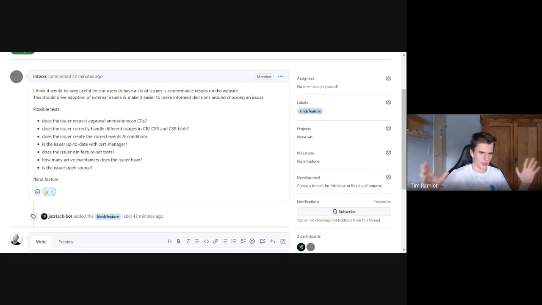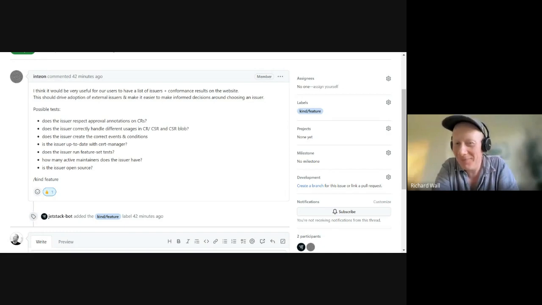So that's the whole concept of conformance tests and what we would like to achieve with that. And we'd like to see how people think about that. I think it's a really good idea, but we discussed it yesterday. I don't know whether we'll have time to do it all.